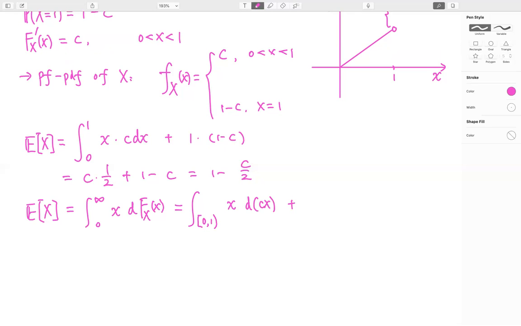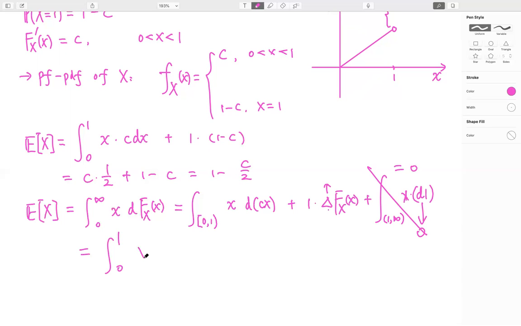At 1 you have a jump, so it's exactly what you jump. I use delta instead of d because this is a discrete point. Beyond 1 there's no change, because beyond 1, F is just 1, and the change of 1 is 0, so this part is 0. This part you can write as x times c dx.